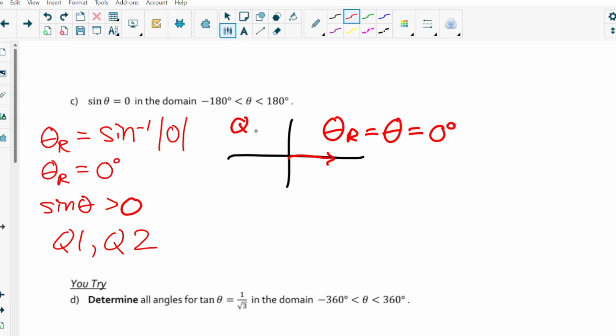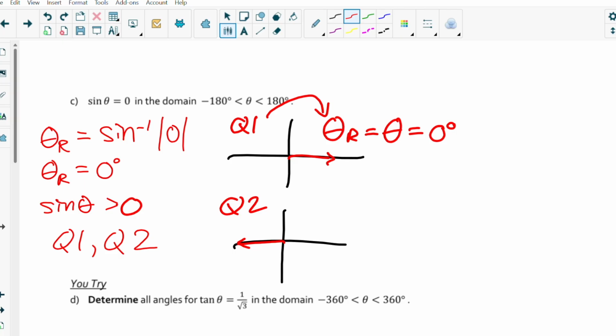Okay, this is in quadrant 1. Okay, quadrant 2, sine of theta is 0.